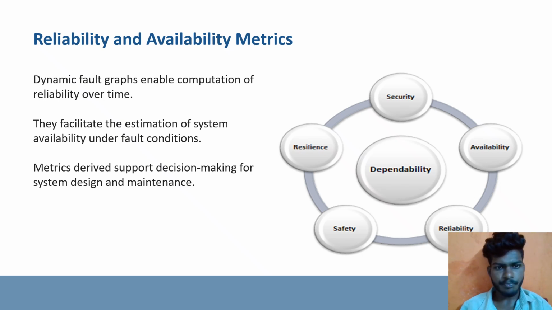Reliability and availability methods. Dynamic fault graphs enable computation of reliability over time. They facilitate the estimation of system availability under failure conditions. Metrics derived support decision making for system design and maintenance.